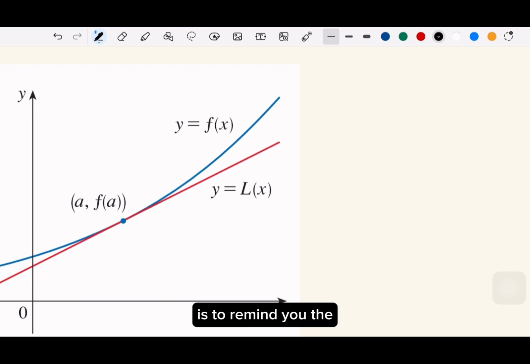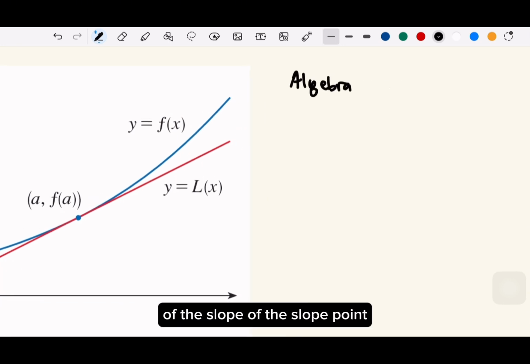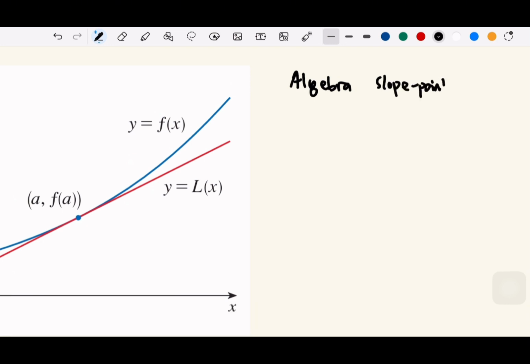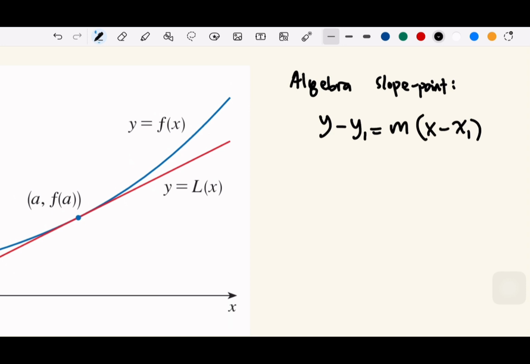Okay. So let me write here, just to remind you the algebra of the slope point form. We have y, we have this, right? m is the slope, okay? x1 and y1 is our point.